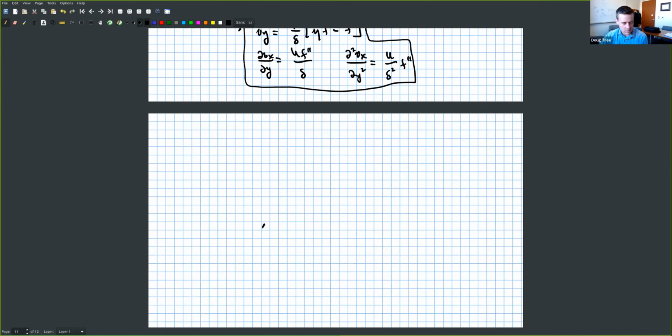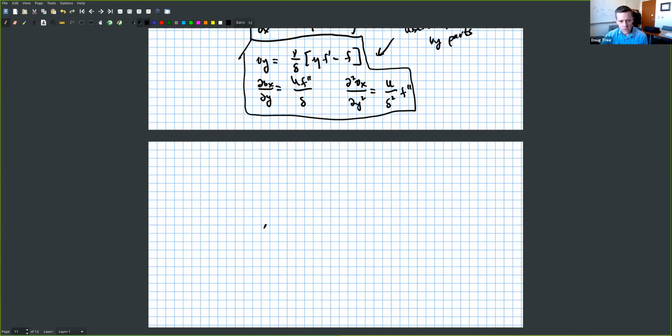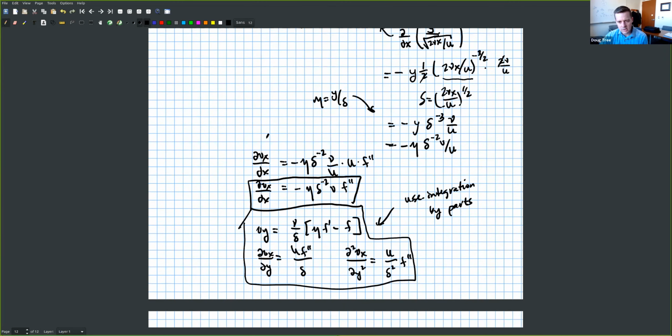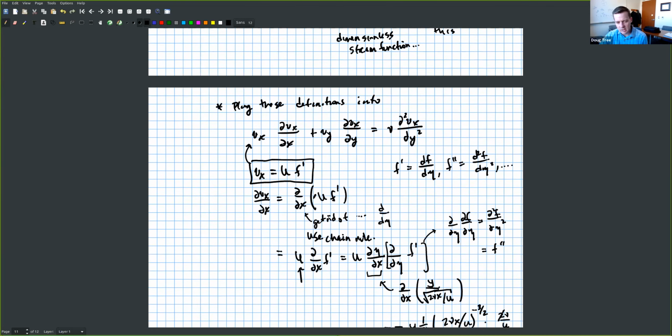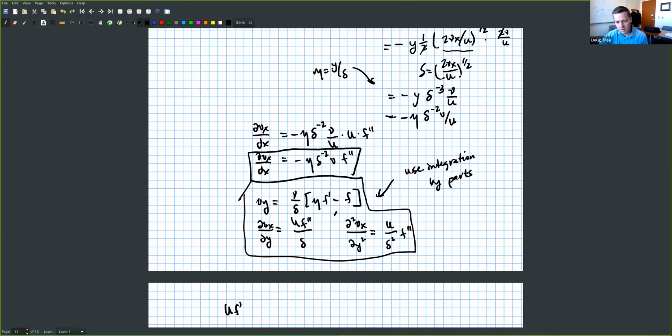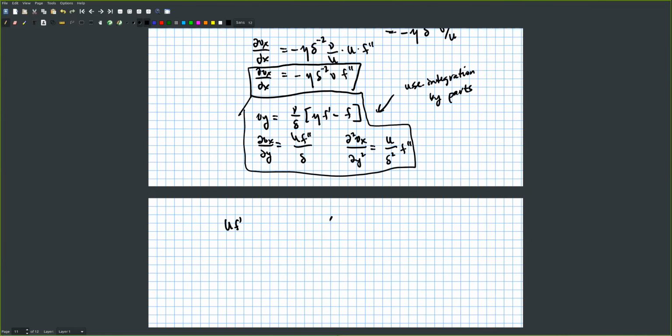So let's do that. So the first one was the Vx, that was u f prime. So that was Vx right there, which goes right into that spot. The next one we need was dvx dx, which we found laboriously, right? Which is minus eta delta to the minus 2 nu f double prime. That was dvx dx.